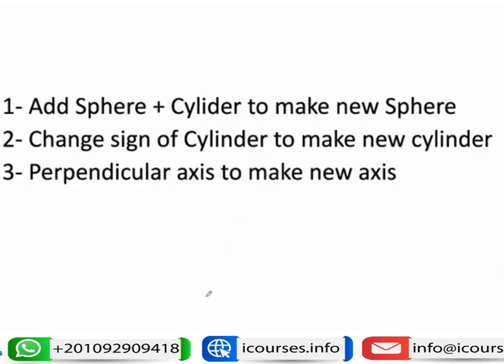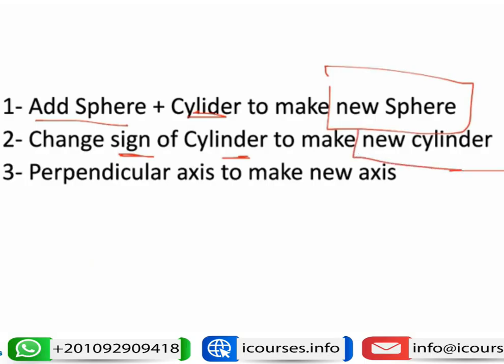There are 3 simple rules for a simple transposition. First, add the sphere to the cylinder, and the resultant number will be the new sphere. Then change the sign of the cylinder to make the new cylinder, and then the new axis will be the perpendicular axis.